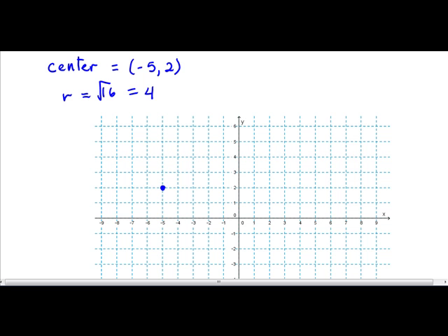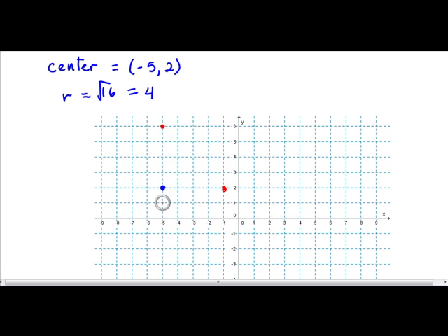The radius is the distance from the center to the arc of the circle. So I'm going from the center up by 4. That is now a point on the graph. And you go from the center to the right by 4. So now that is a point on the graph.